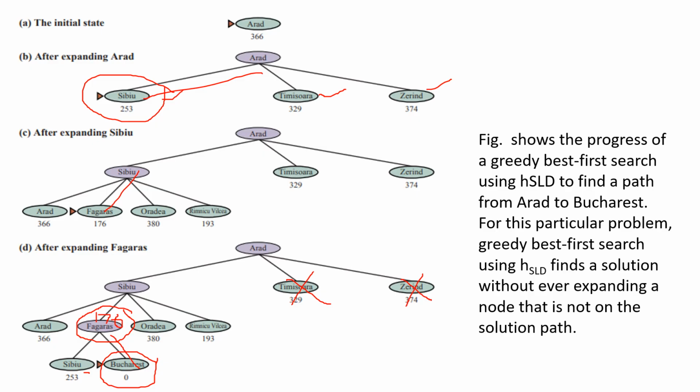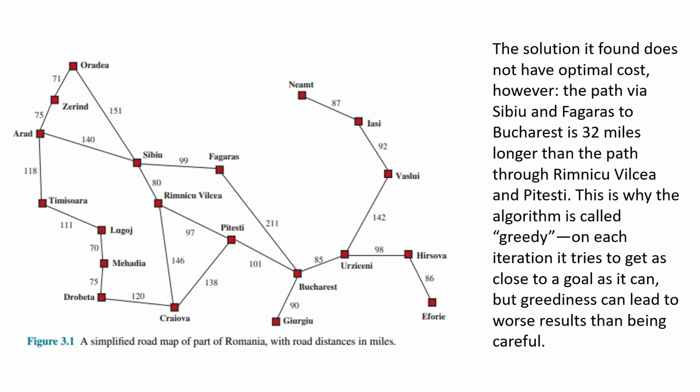Here the greedy best first search using hSLD finds a solution without ever expanding a node that is not on the solution path. So this is the path we got: Arad, Sibiu, then Fagaras, then Bucharest.